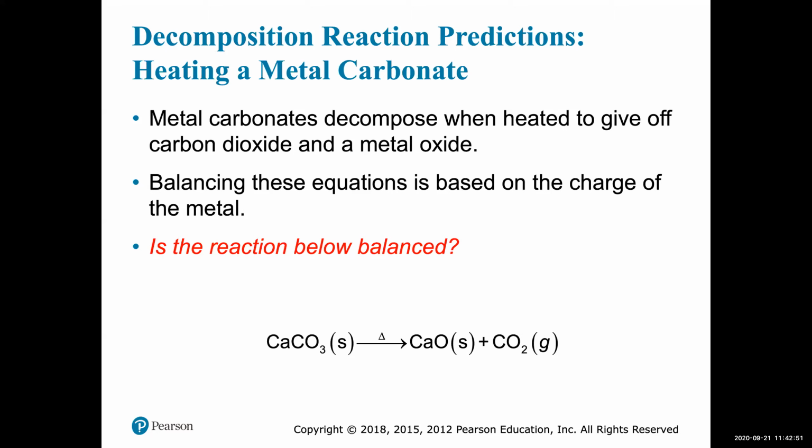We have one carbon atom on the left. We have one from the CO2 on the right. And the third thing we'd look at is the oxygen. We have 3 oxygen atoms on the left. And then on the right, we have 1 from the calcium oxide and 2 from the carbon dioxide, for a total of 3. So here's a case where we have a balanced reaction and we didn't have to add any coefficients to any of the molecules. It just balances out.